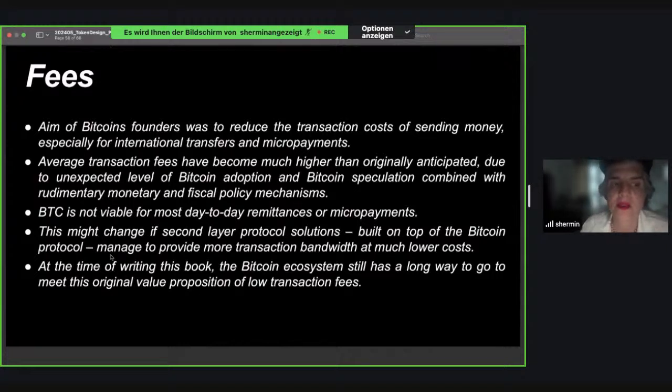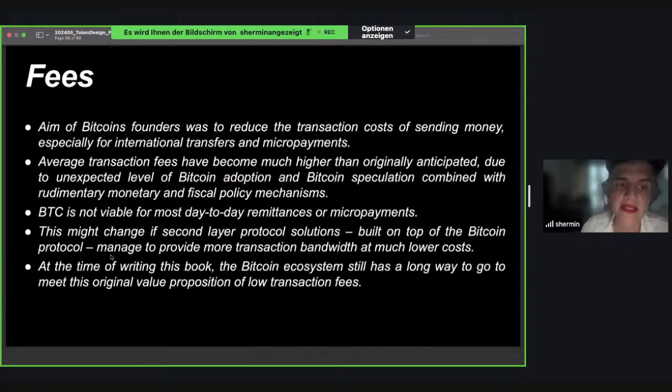And this is due to an unexpected level of Bitcoin adoption and Bitcoin speculation, combined with a rudimentary monetary and fiscal policy that does not allow for a more flexible economic system. Yes, it's more decentralized, but it's also more rigid and less flexible.